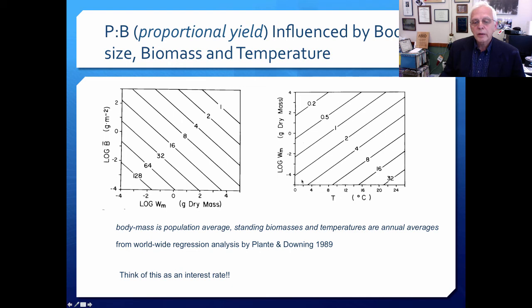The other factor that we need to integrate into here is temperature, and you can see how temperature changes secondary production for a variety of different sizes of organisms. But in general, as one increases temperature from very low temperature here, let's take this size of an organism. From very low temperature, we're at a turnover ratio or proportional yield of about 2 times the material produced per year as the average standing stock.